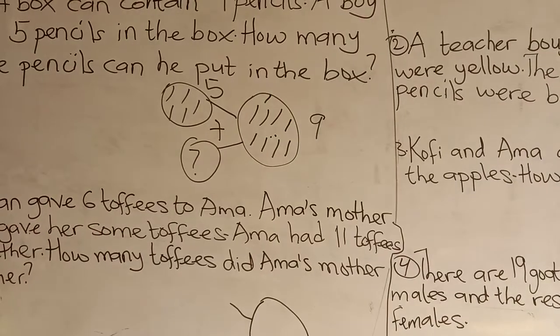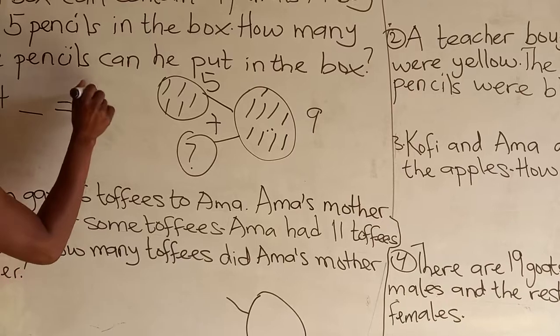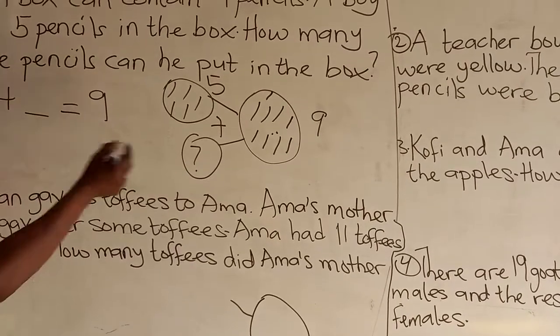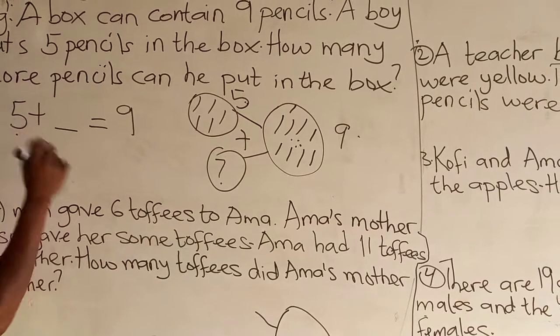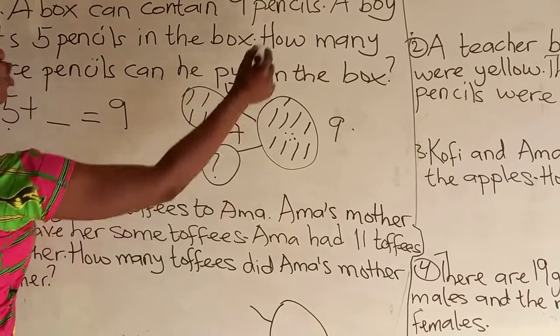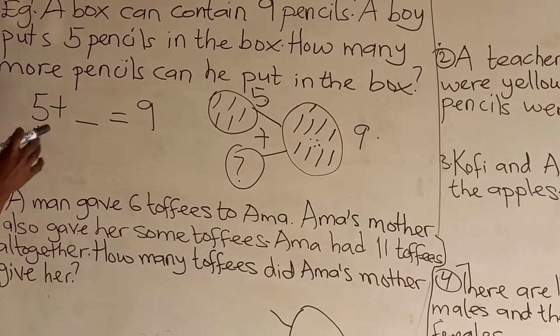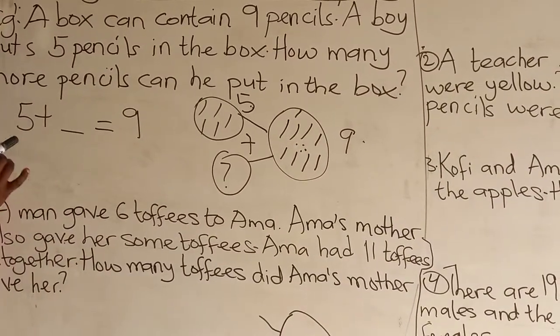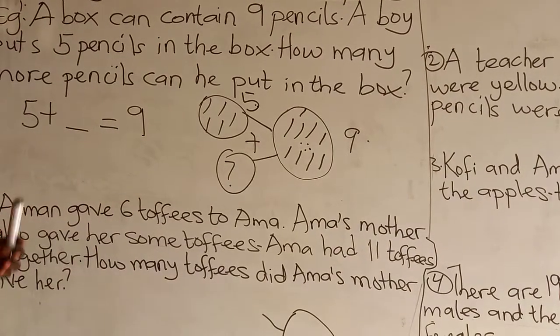This is how it becomes: 5 plus dash is equal to 9. The total sum is 9, 5 was given, and the one we do not know is how many more pencils. So if you have a question like 5 plus dash is 9, what do you think you do?